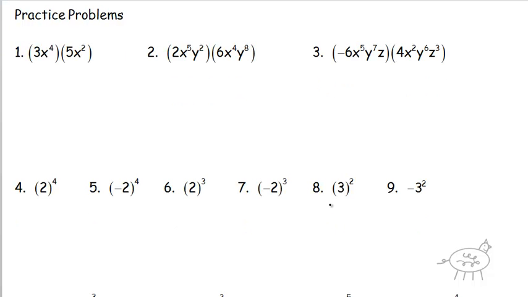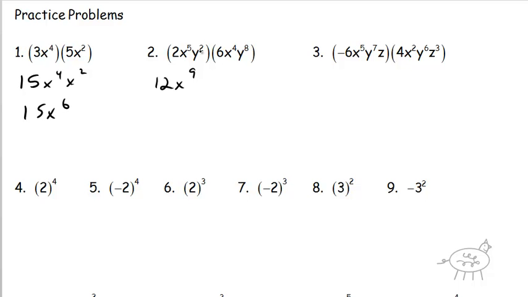All right. So it's 3 times 5 is 15. And that's x to the 4th times x squared. Okay, and x to the 4th times x squared, you add those together, so it's 15x to the 6th. Okay, same thing with this next one. 2 times 6, 12. Because numbers you just multiply like normal. And then it's x to the 5 plus 4 is 9.